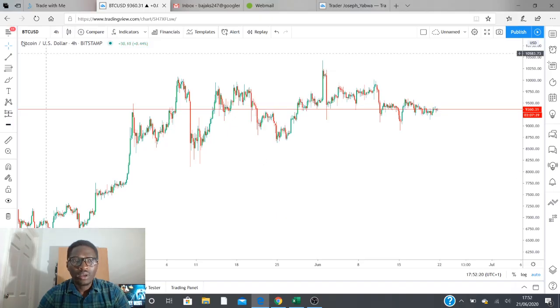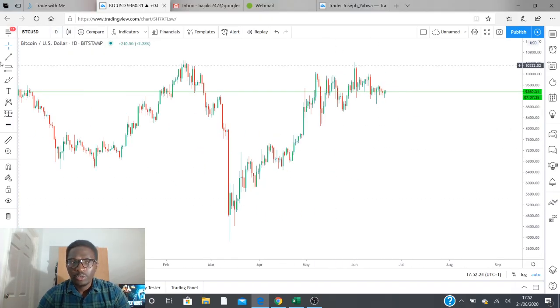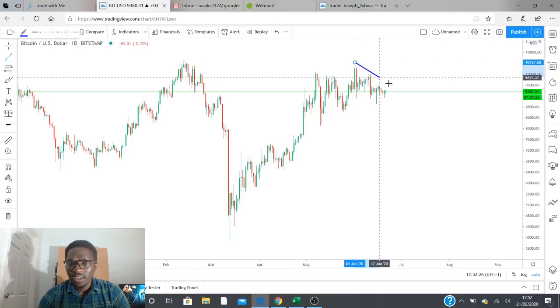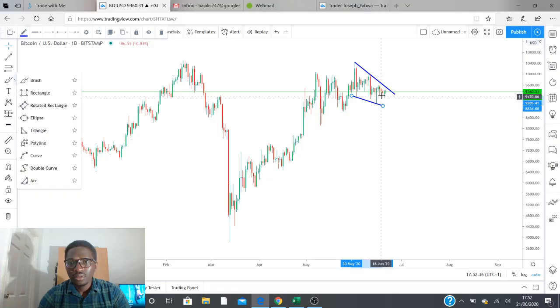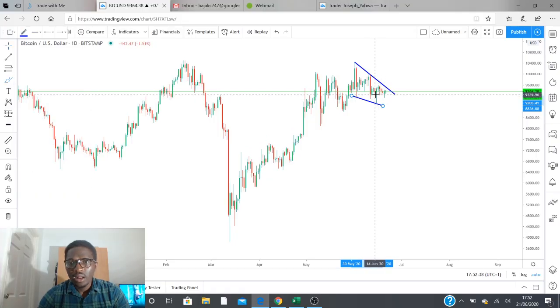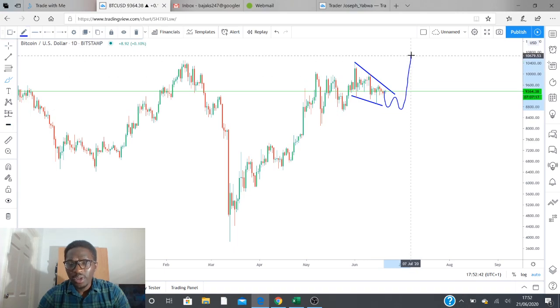Putting it back on the higher time frame, on the daily, if we look at this current structure the market is making here, we've got a nice buy setup as well on a higher time frame. Now could this market go lower? Is it possible to get another move before we break? Yeah, absolutely, that's possible. The market can do that.